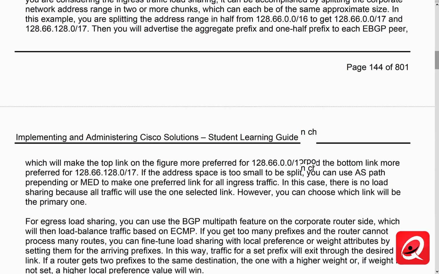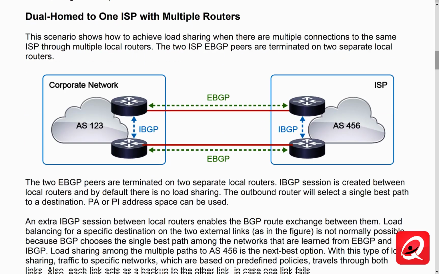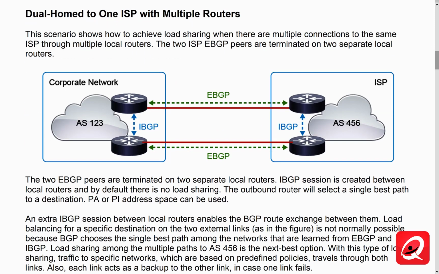It could also be done by AS prepending on the inbound path for the routes that we're learning from that ISP over those particular circuits. But in this particular example, a weight attribute would not be useful because we have two different routers. So we would have to use local preference in this particular case to be able to decide how we're going to leave the autonomous system. All right.